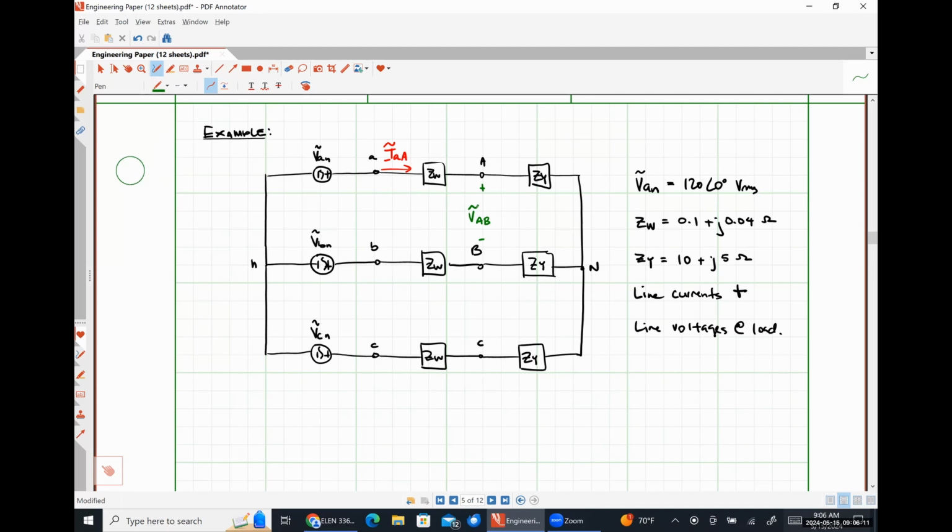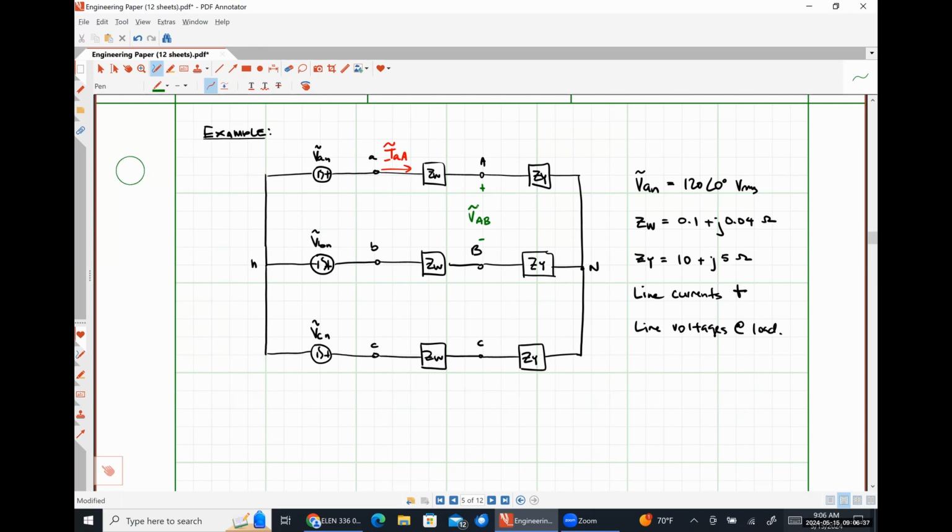As we discussed a few moments ago, we can definitely get our line currents from our single phase equivalent. Our line voltages, we cannot do that directly because our single phase equivalent only has our A phase conductor and our neutral conductor. Nowhere does it have a B phase anything on it, so we can't really use that.